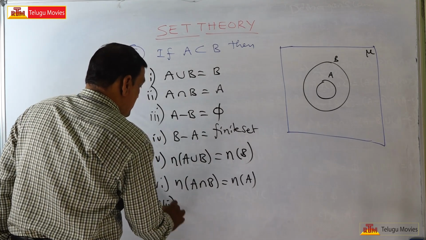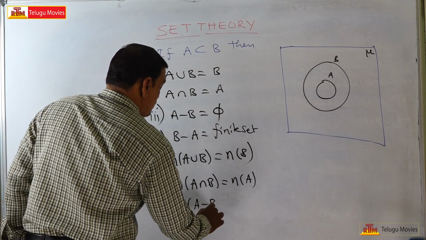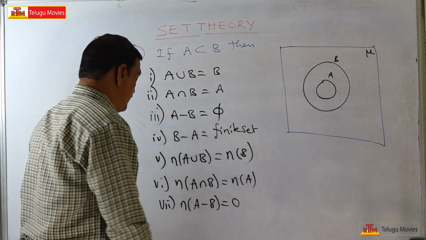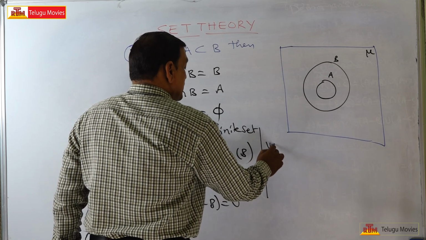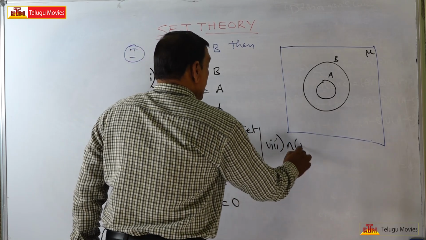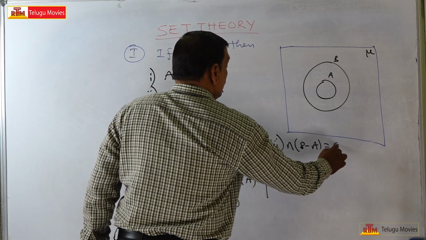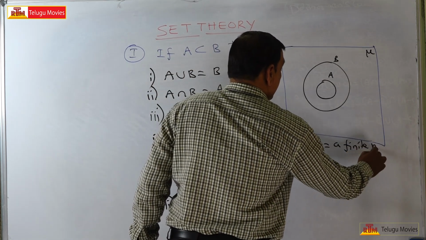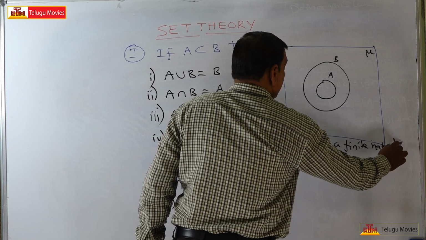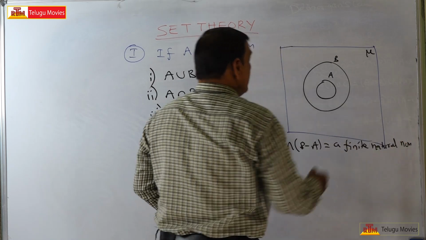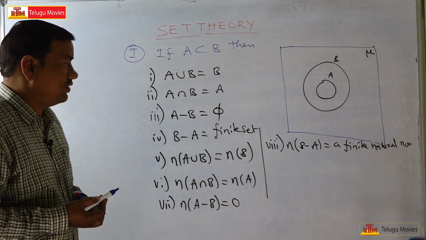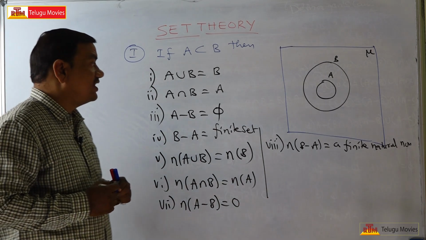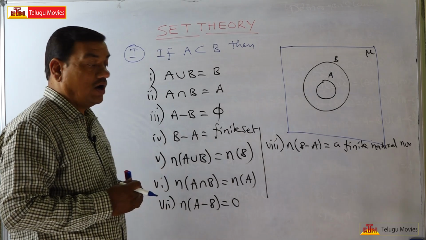Next, N of A minus B is equal to 0, the number of elements in A minus B is 0. Next result is N of B minus A is equal to a finite natural number, some number like 5, 6, 7, 10. So these are the very important things that you should learn and understand.